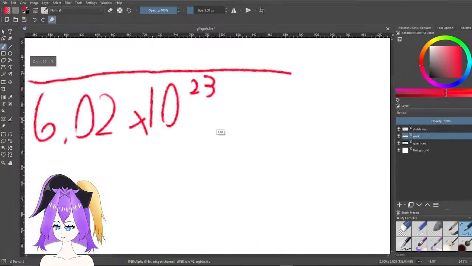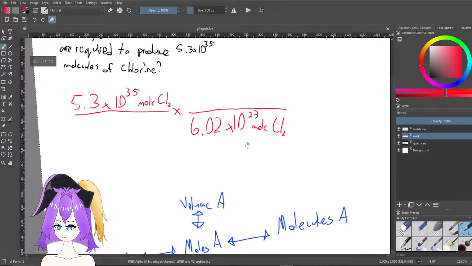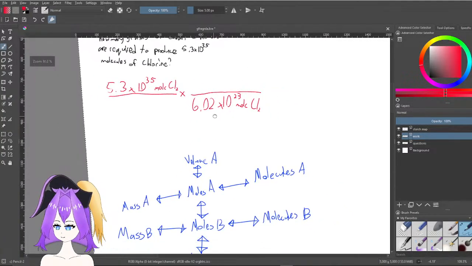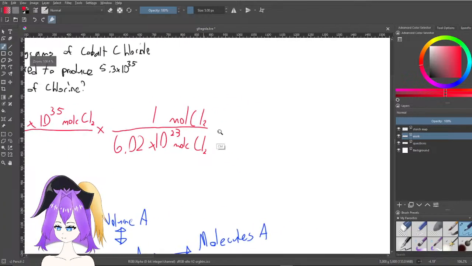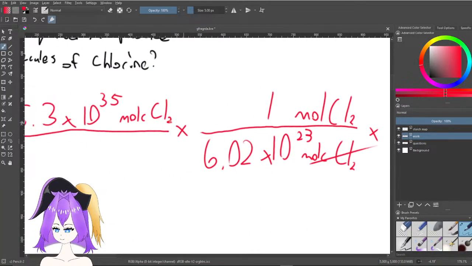Times 10 to the 23rd molecules of Cl2 is equal to 1 mole of Cl2. So that cancels out.